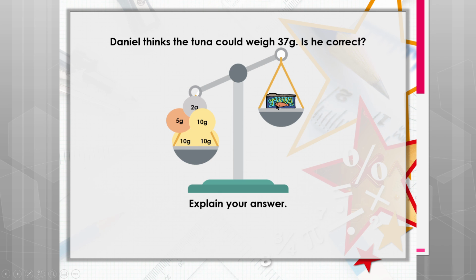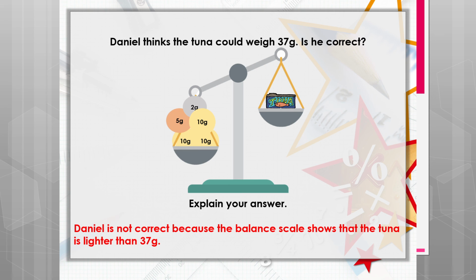So the tuna would never weigh 37 grams because it's not equal. You can't see the scale as a straight line. One side is down, which is 37 grams, and the tuna is lighter. So the answer is that Daniel is not correct because the balance scale shows that the tuna is lighter than 37 grams.